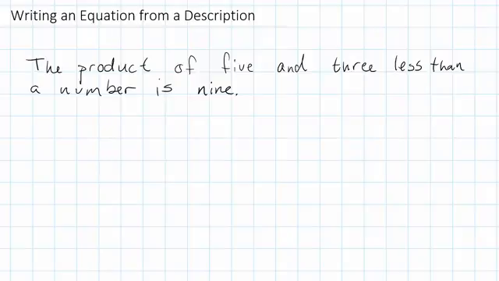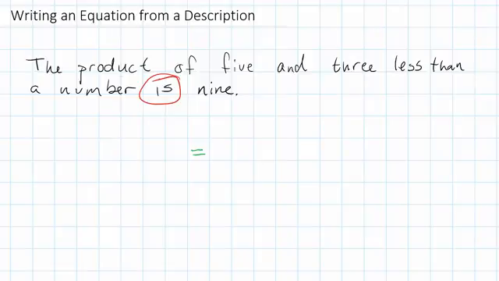So whenever you see a phrase or sentence that appears to be describing either an equation or an expression, your very first move should be to look through and see if you can find a verb. And the verb in this sentence is this word is. It's just is. That means that the verb in our math sentence is going to be equals.